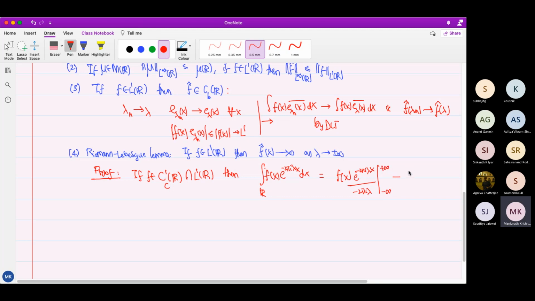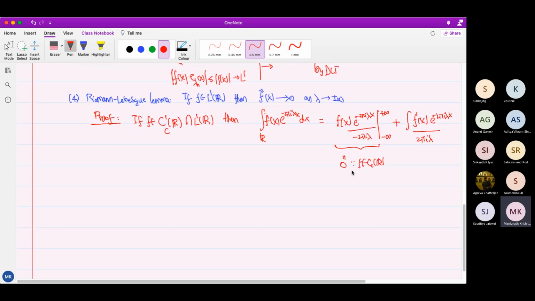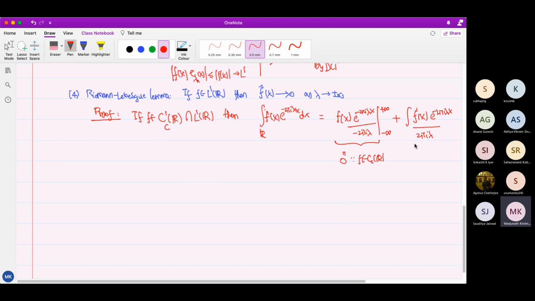And then minus, I'll get here the derivative of f at x, e to the minus 2 pi i lambda x, and then I have a 2 pi i lambda, but that makes this a plus. Now this thing is 0 because f is compactly supported. Meaning you take a large enough interval, but at the two endpoints f value is 0, so this is 0. So what you get is basically 1 over 2 pi i lambda times f dash hat of lambda.